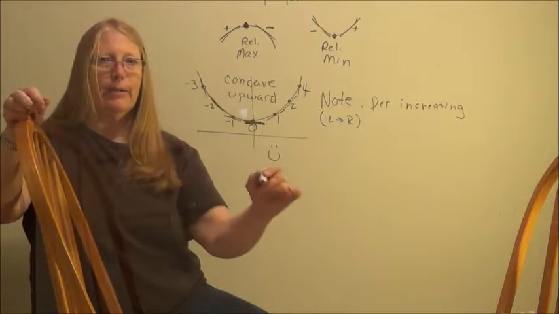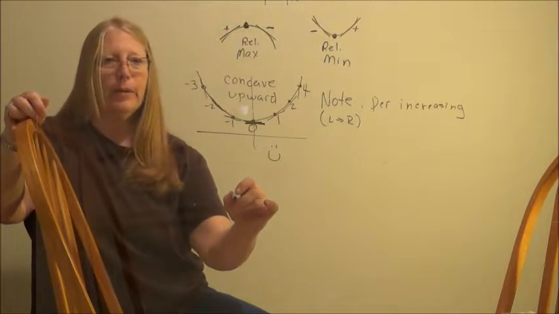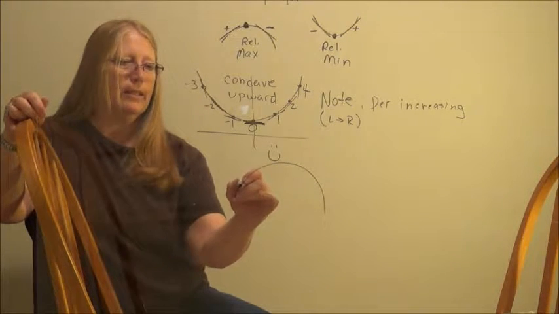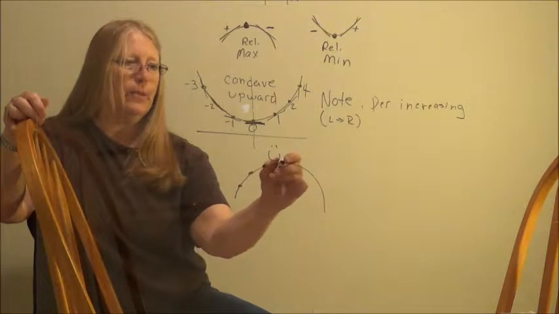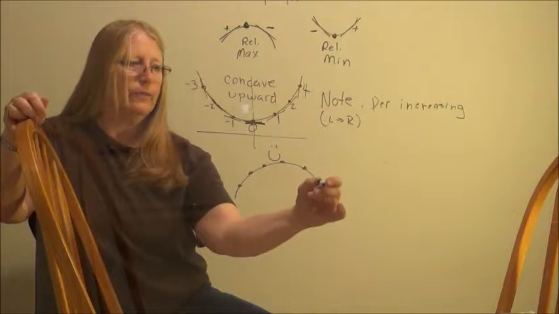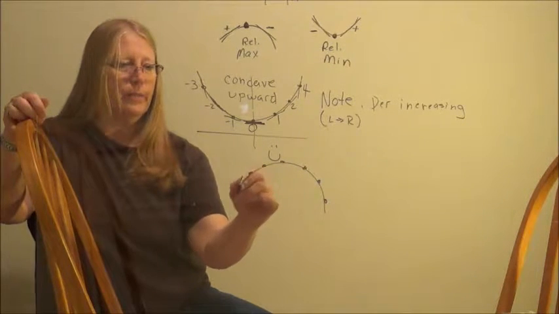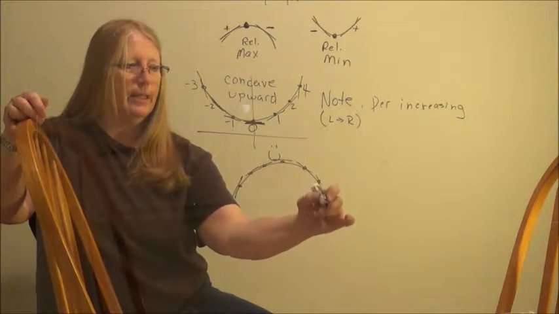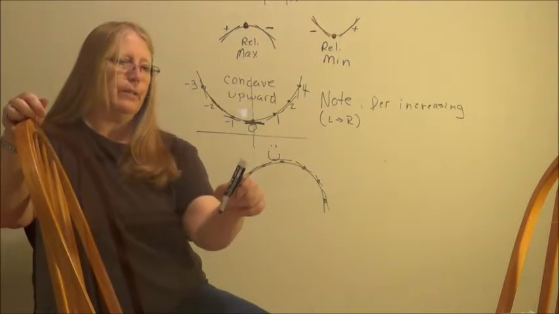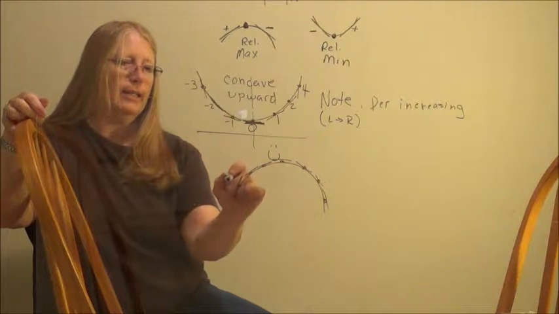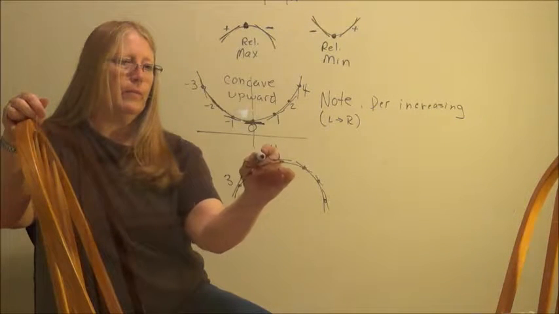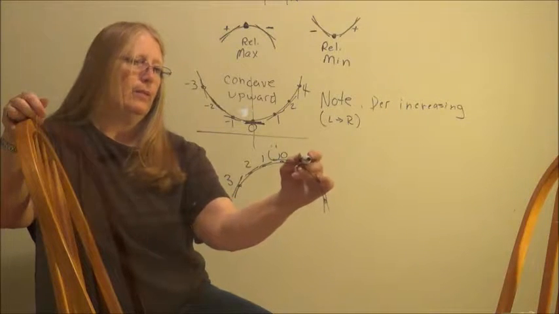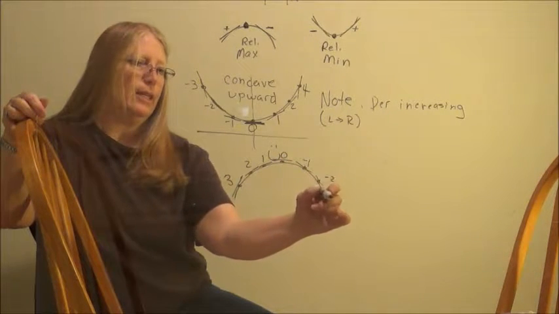So let's see how it works when it goes the other way. So here we have a function. Here's our 7 points. Draw the slopes, tangent lines at each point. And let's put in some numbers. This is a positive, say 3, and 2, 1, 0, -1, -2, -3.